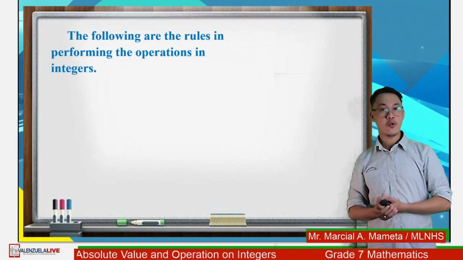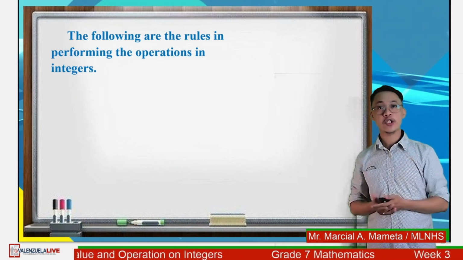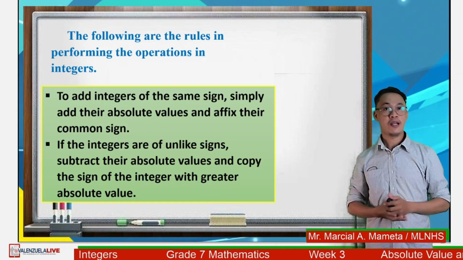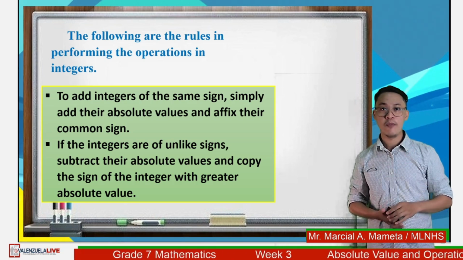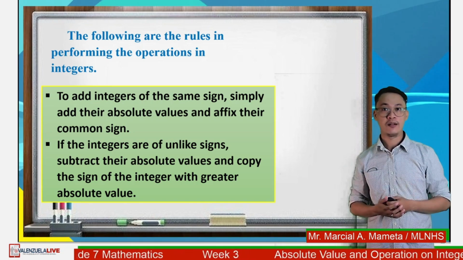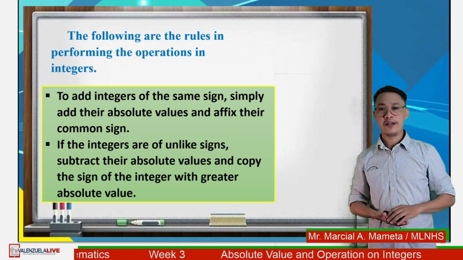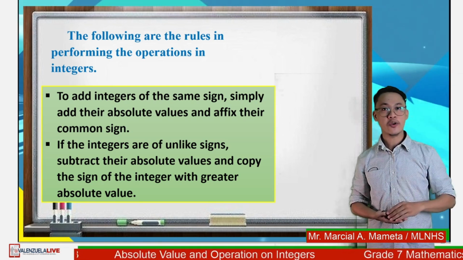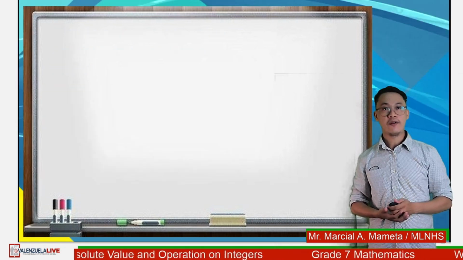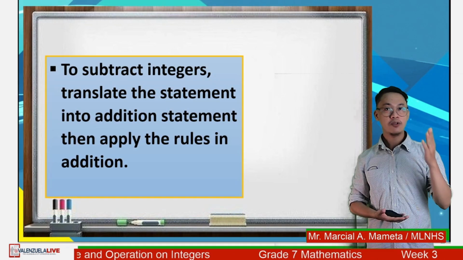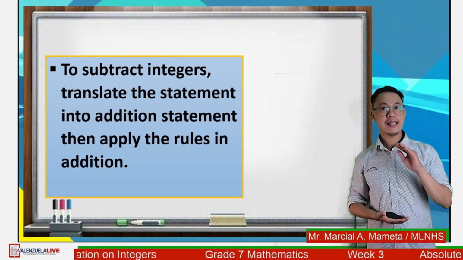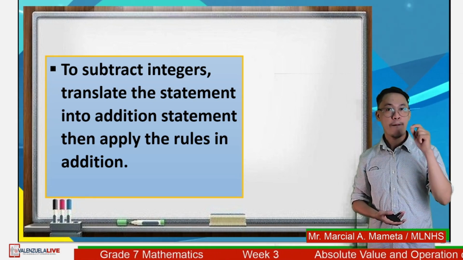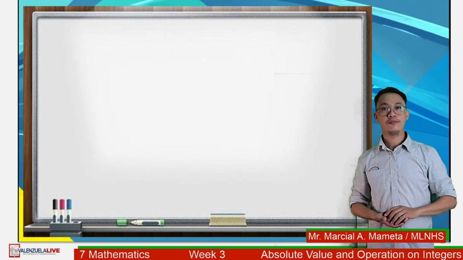The following are the rules in performing operations on integers. To add integers of the same sign, simply add their absolute values and affix their common sign. If the integers have unlike signs, subtract their absolute values and copy the sign of the integer with the greater absolute value. To subtract integers, translate the statement into an addition statement, then apply the rules in addition.